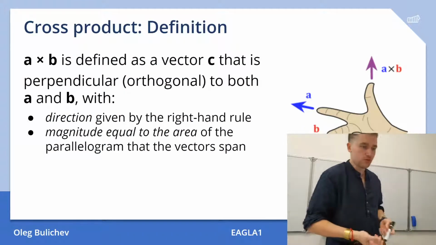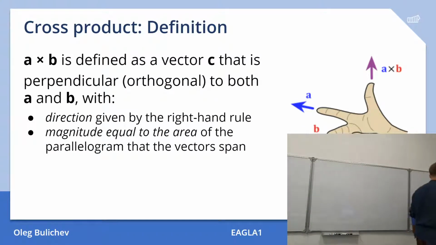So, what is it? Actually, the result of this cross product will be a vector C, which is perpendicular to the plane of A and B. Yes, probably most of you already know about the right-hand rule, but in some cases it's not a very effective technique to understand this vector, because as for me, I used to forget whether it's the first vector or the second vector.